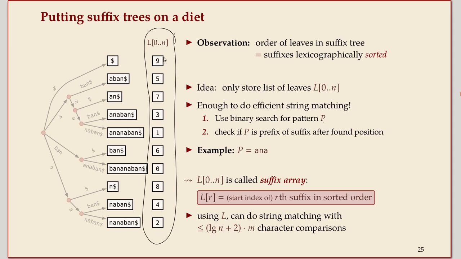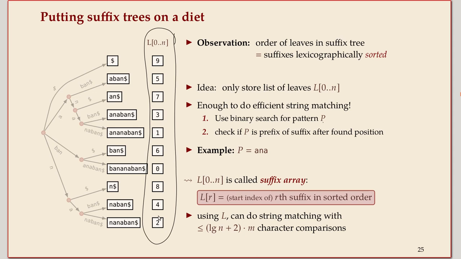The key point is it's a bunch of numbers that mean nothing, but if you expand them to the suffixes, it's actually a list of strings written very concisely. And that list of strings is sorted. So we can use binary search on this sorted list.